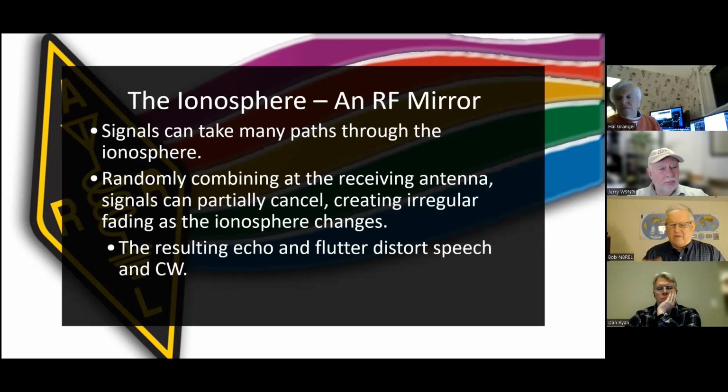We haven't talked about phase too much yet, so forget that. Or the signals can come in such a way that they cancel each other out, and you get very faded signals or no signals whatsoever. Okay.